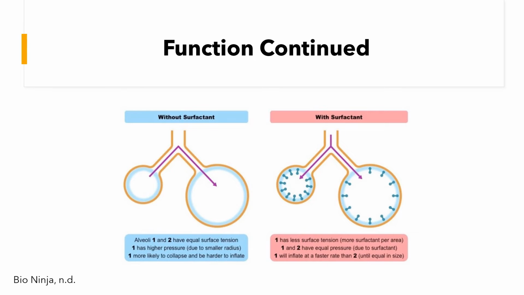So one has less surface tension because it has more surfactant per area. So 1 and 2 now have equal pressure due to the surfactant. 1 will inflate at a faster rate than 2 until they are equal in size. These little notches around the circle represent the surfactant.